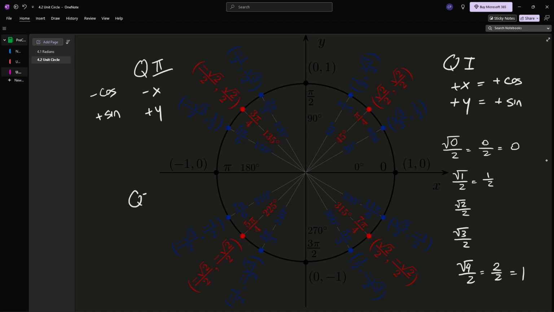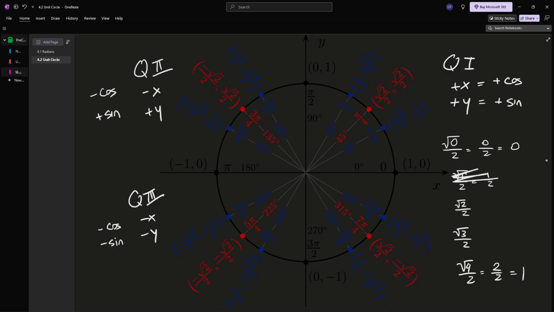And now we go into quadrant 3, where we now have both negative x and negative y, or negative cosine and negative sine. We see these are now all negatives.